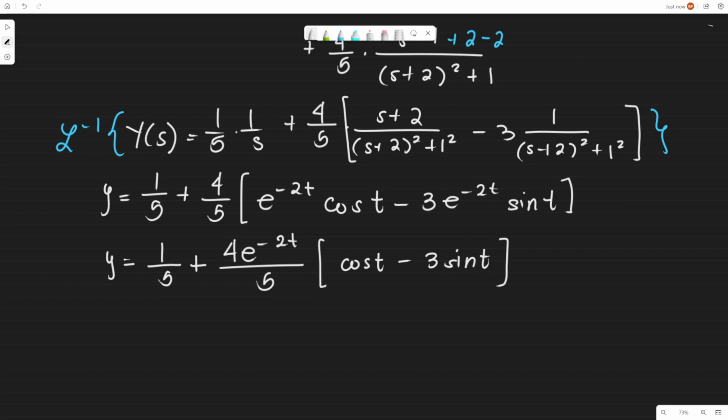No? Kapag nangyari yon, magiging 1 plus 4 e raised to negative 2t times this quantity. So, sige, yun na yung gawin natin final answer. 1 plus 4e raised to negative 2t times cos t minus 3 sin t.